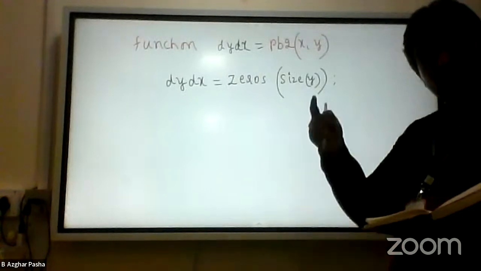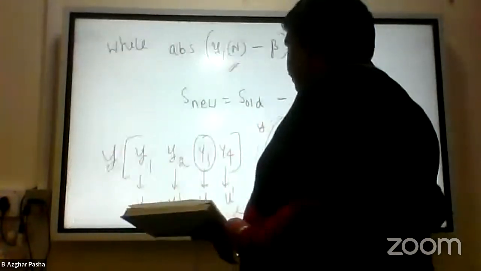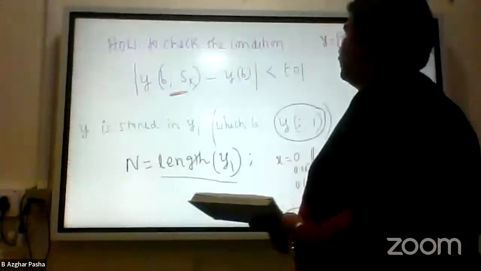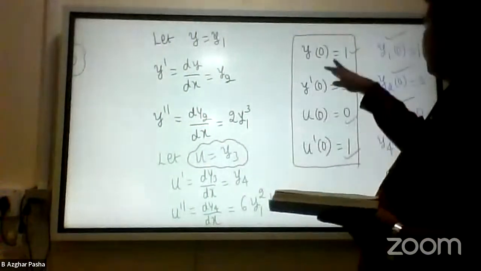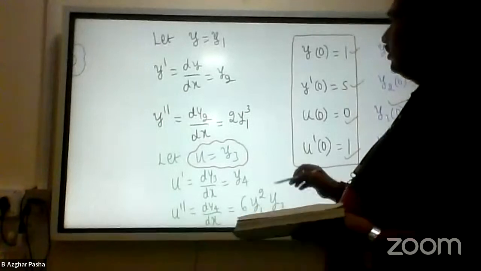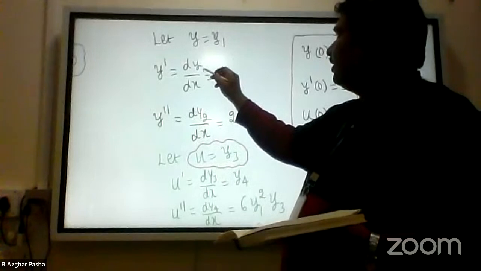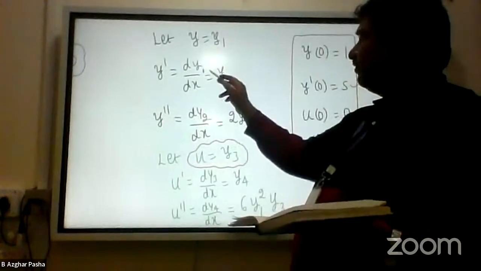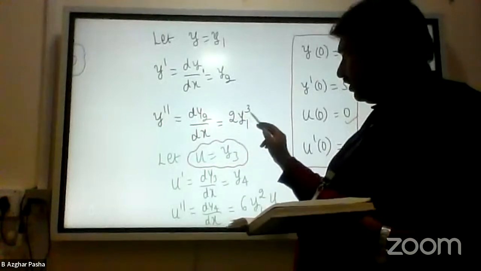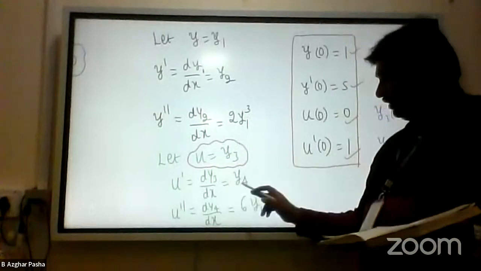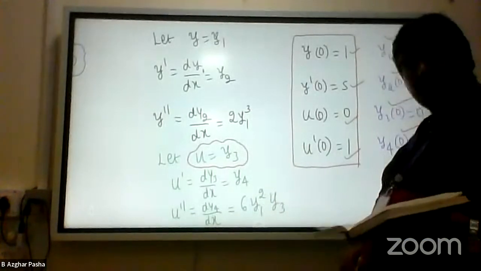Now, there are 4 differential equations you can see here. First order differential equations, 4 equations and 4 conditions. dy1 by dx is y2. dy2 by dx is 2y1 cube. dy3 by dx is y4. dy4 by dx is 6y1 square y3.